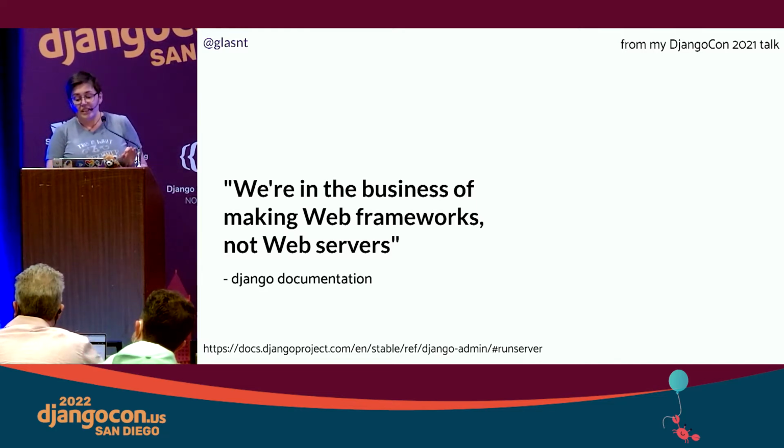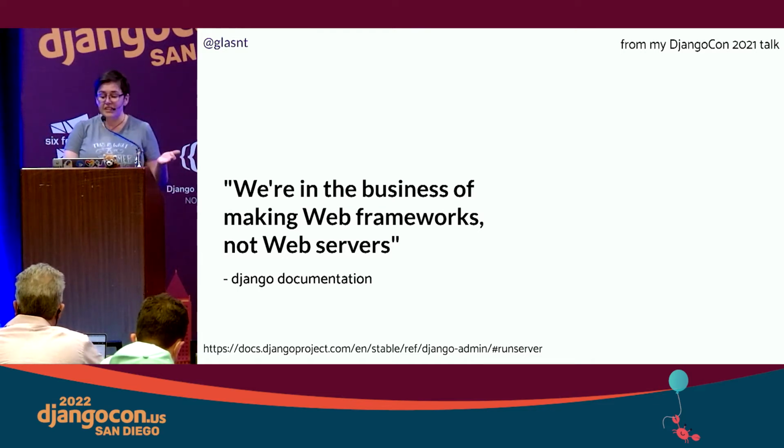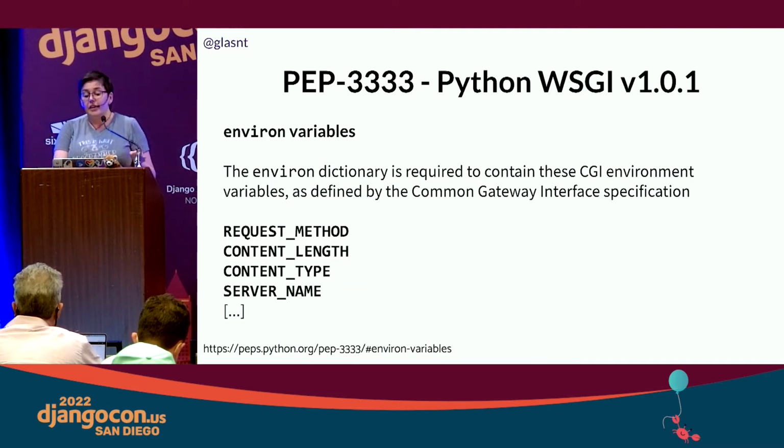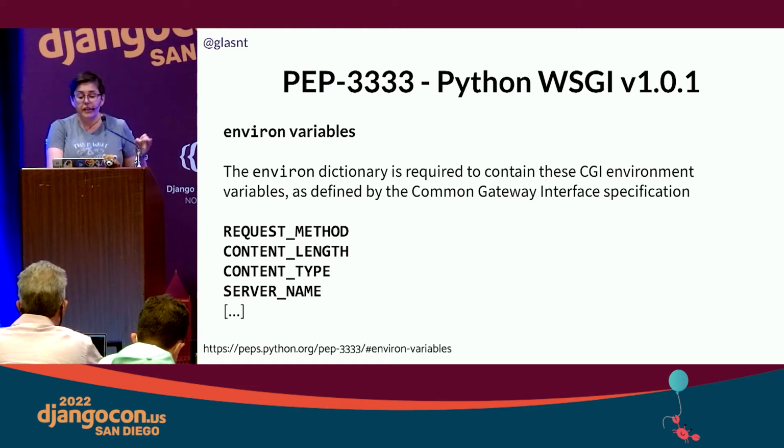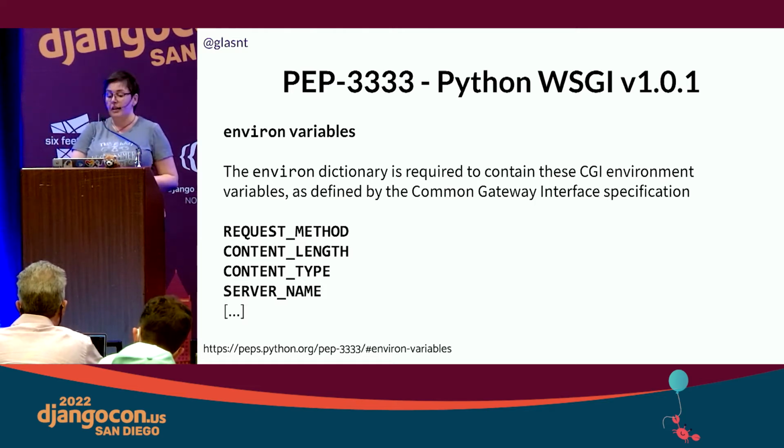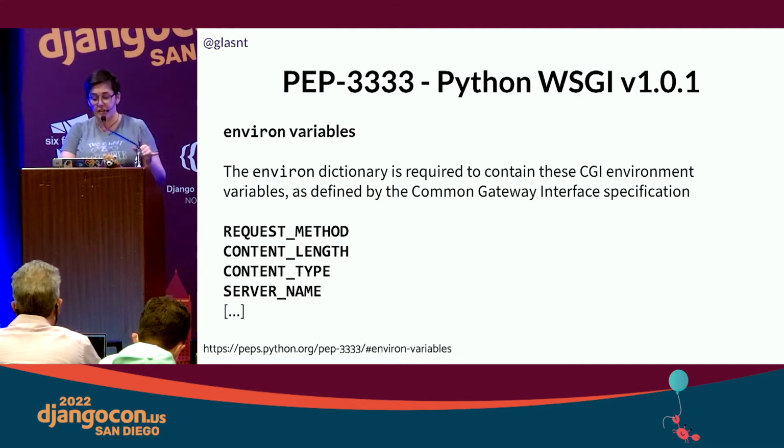Now, WSGI is a Python standard for web servers and applications, and this was defined in PEP 333, later PEP 3333, the PEP we mentioned earlier. This standard defines a bunch of things, including a set of environment variables. The environ dictionary is required to contain a number of environment variables as defined by the Common Gateway Interface specification, including request method, content length, content type, server name, and others, which we saw in our request headers earlier.